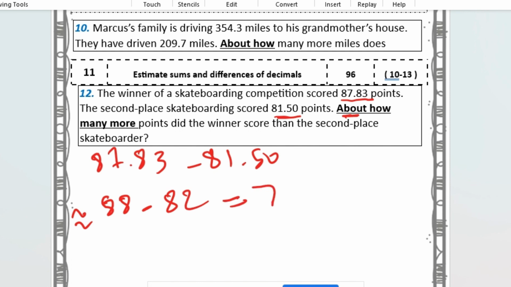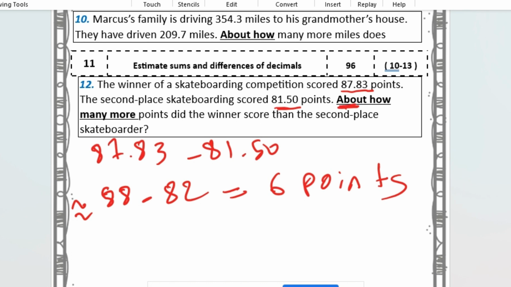So this will be 6 points. Always when you read about, when it says about, this always means estimate. Basically means rounding.